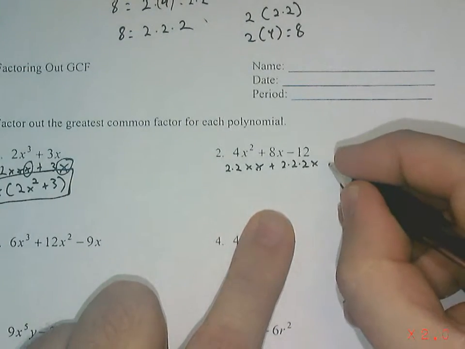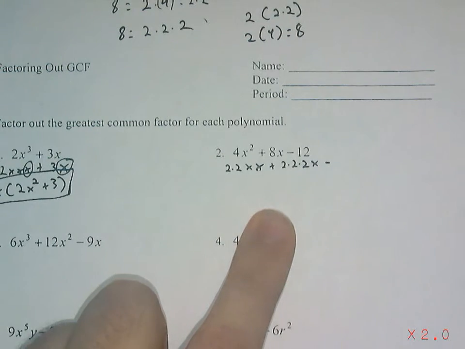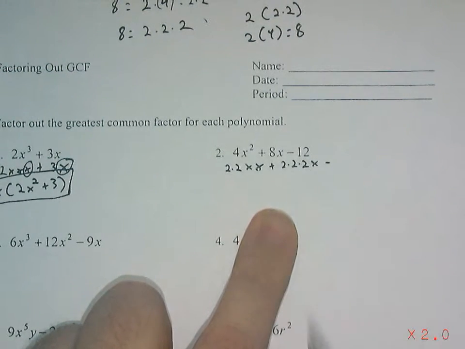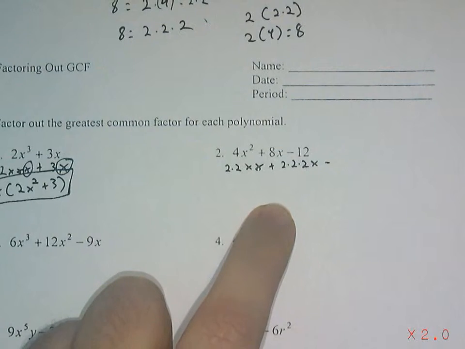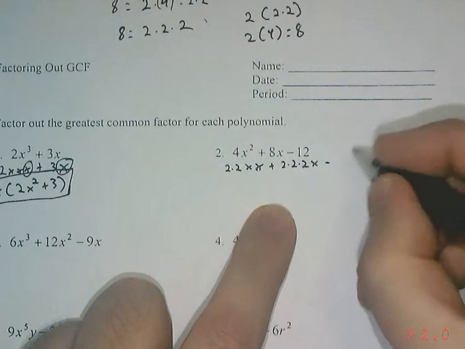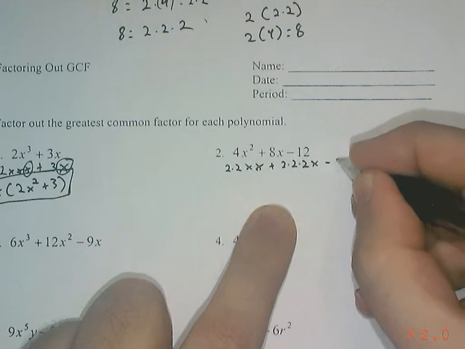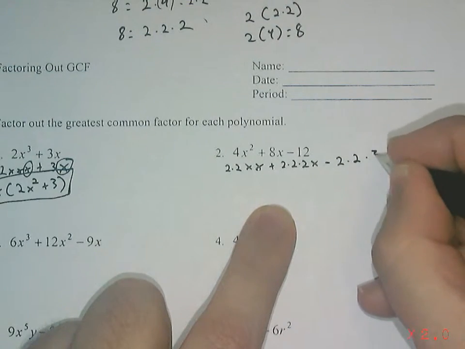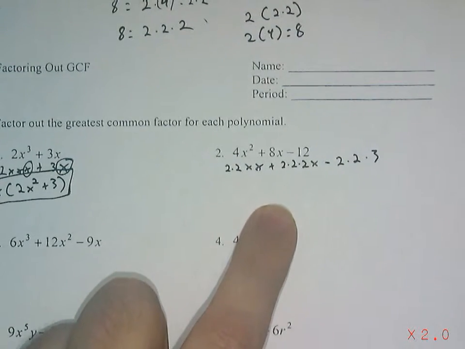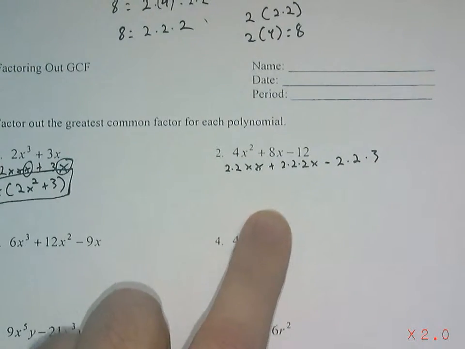And then minus 12, think of it as the same as 4 times 3. And 4 can be broken down to 2 2's, so minus 2 times 2 times 3. 2 times 2 is 4, times 3 is 12. So that is the prime factored form.